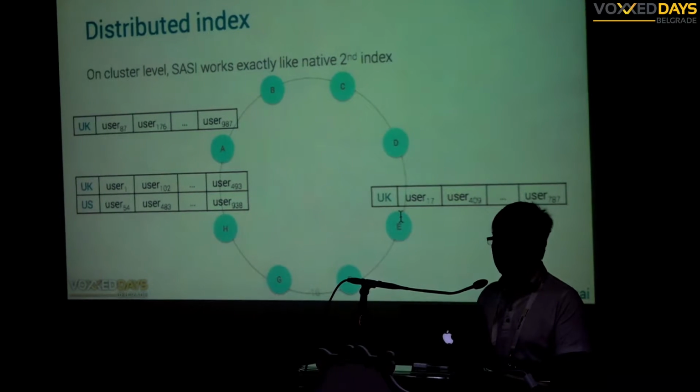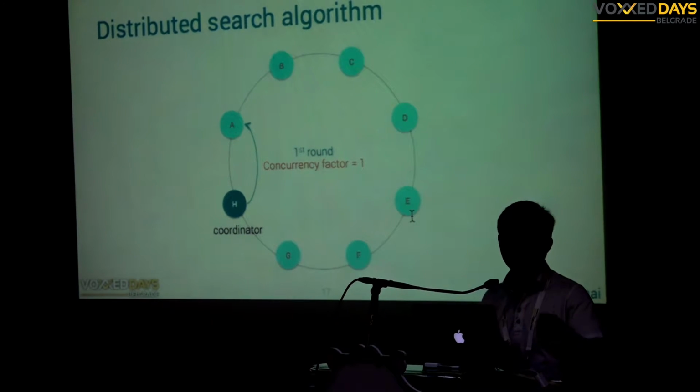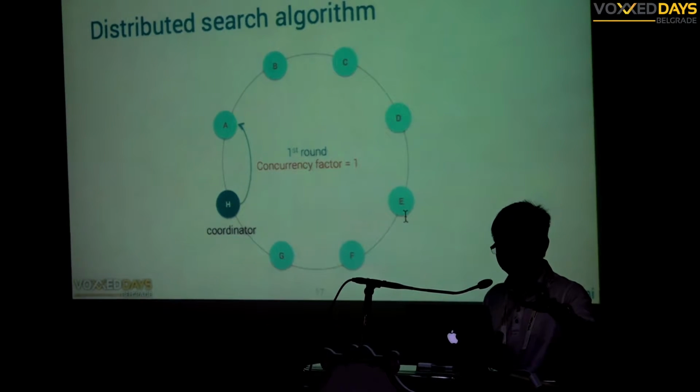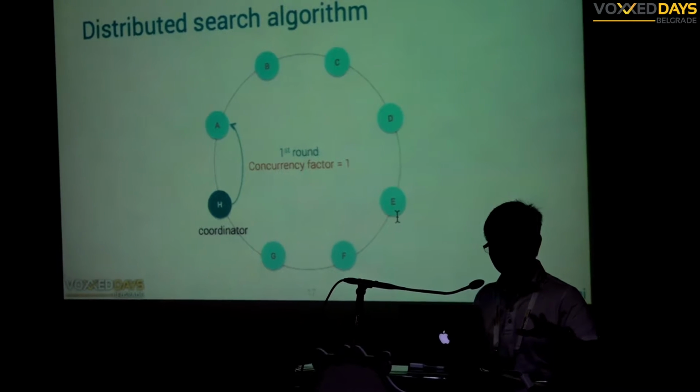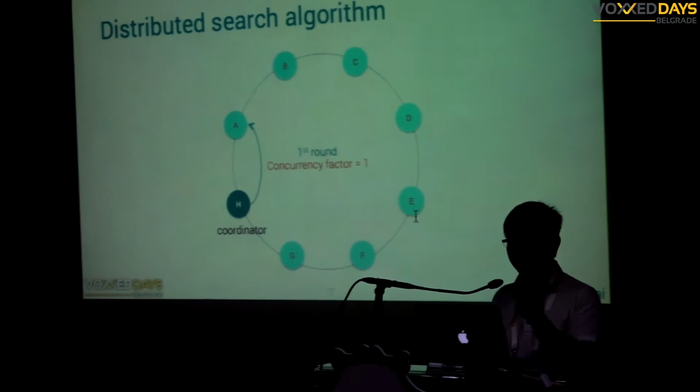It has a consequence. When you send a request using a secondary index for Cassandra, the coordinator will first issue a query on some machines with the concurrency factor. First round of query, give me the result.